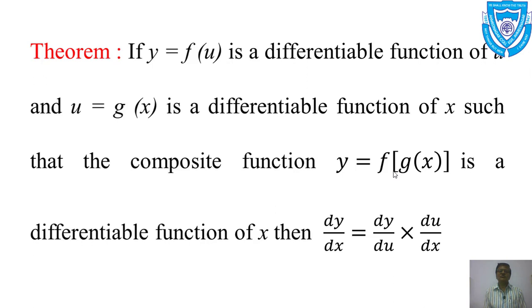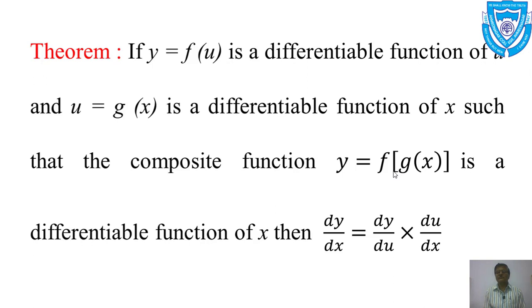If y is equal to f of u is a differentiable function of u, and u is equal to g of x is a differentiable function of x, such that the composite function y is equal to f of g of x is a differentiable function of x, then dy by dx is equal to dy by du into du by dx.